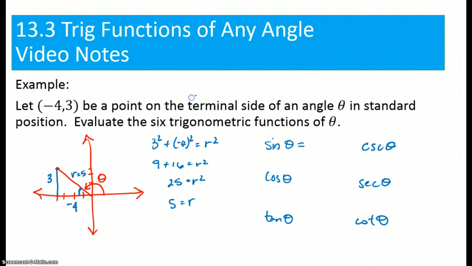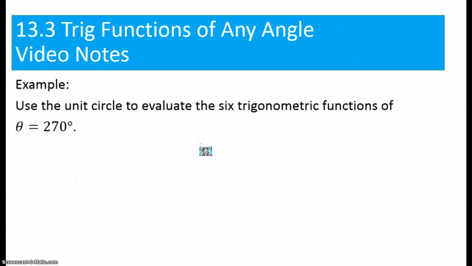Sine is opposite over hypotenuse, so 3 over 5. Cosine is adjacent over hypotenuse, so -4 over 5, and notice that I'm taking the sign with it. The sign indicates that I'm in quadrant 2, negative and positive.